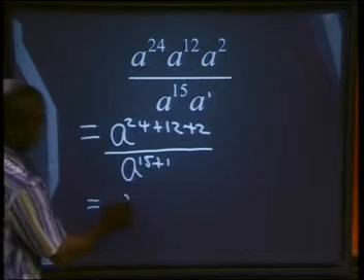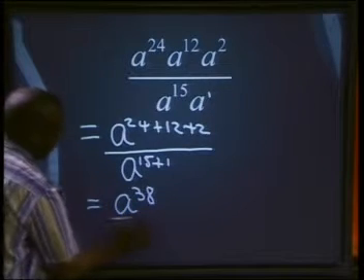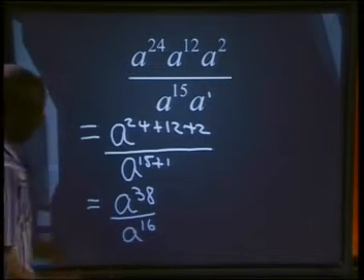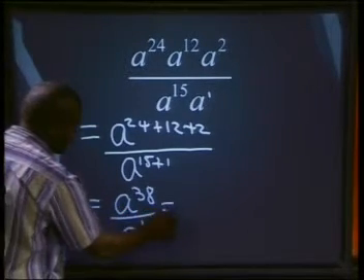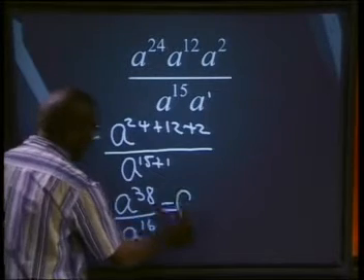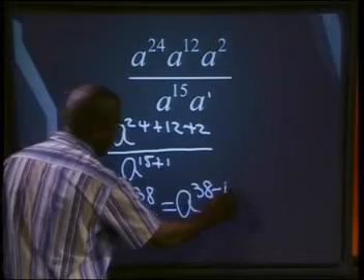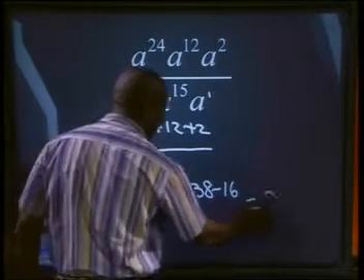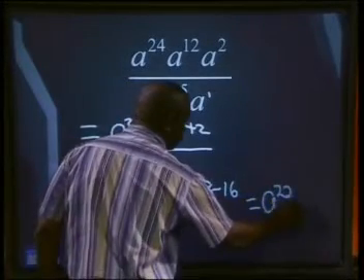That will give us a to the power of 38 divided by a to the power of 16. It's division now. Second law, that means we can subtract. It will be a to the power of 38, take away 16. That will be equal to a to the power of 22.